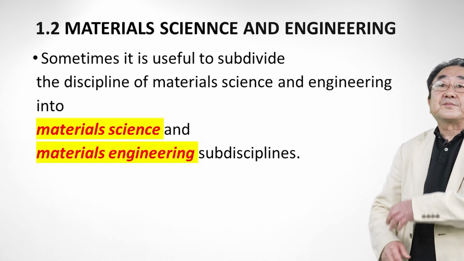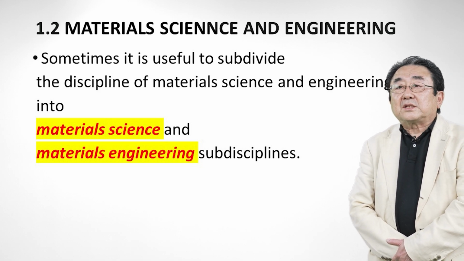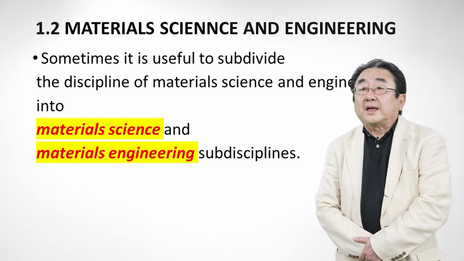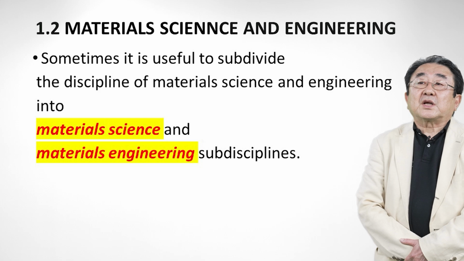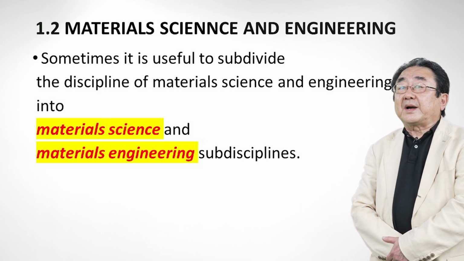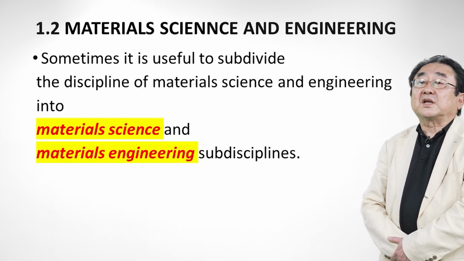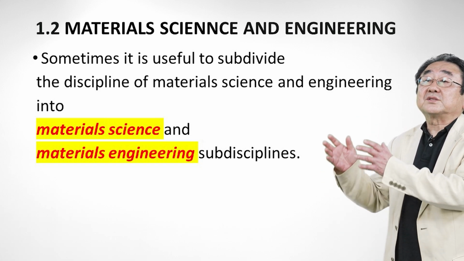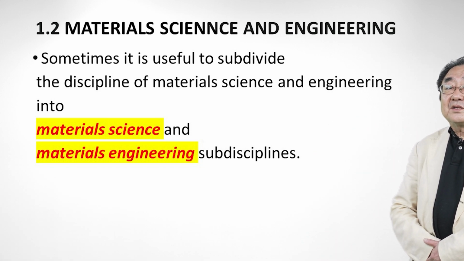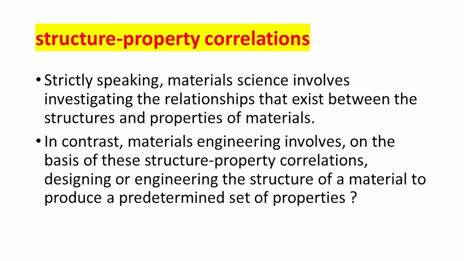And next is material science and engineering. So in this chapter, I tried to explain the definition of material science and engineering. Sometimes it is used to subdivide this discipline of material science and engineering into material science and materials engineering. So we can divide it into two parts. Structure-property correlation.